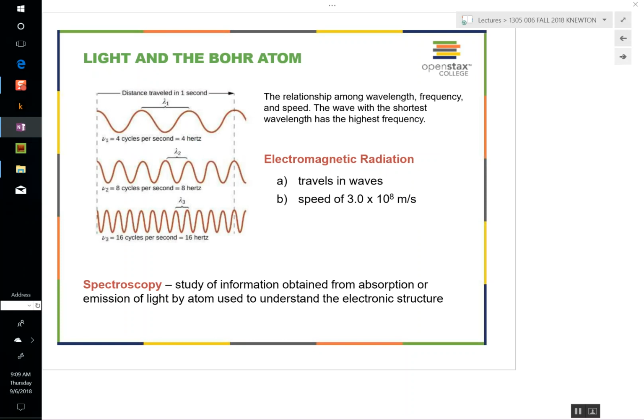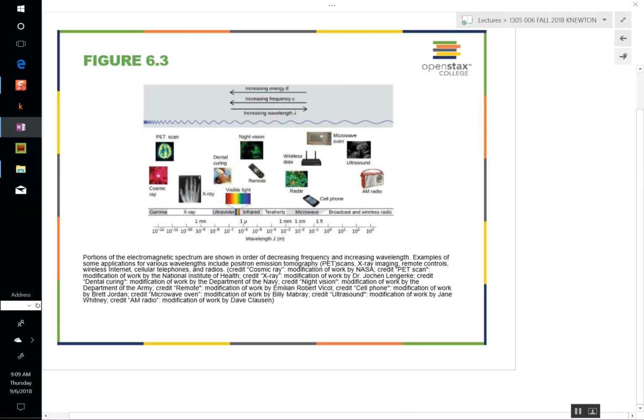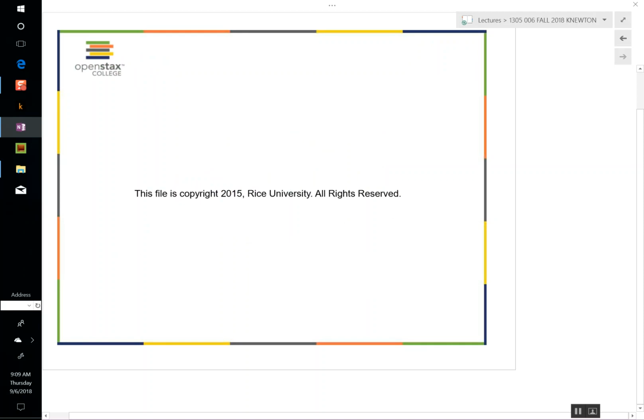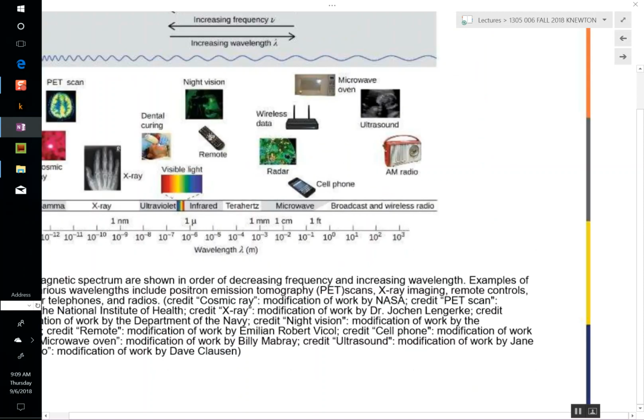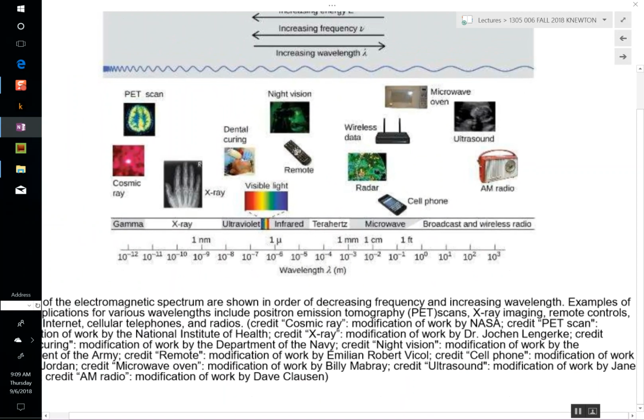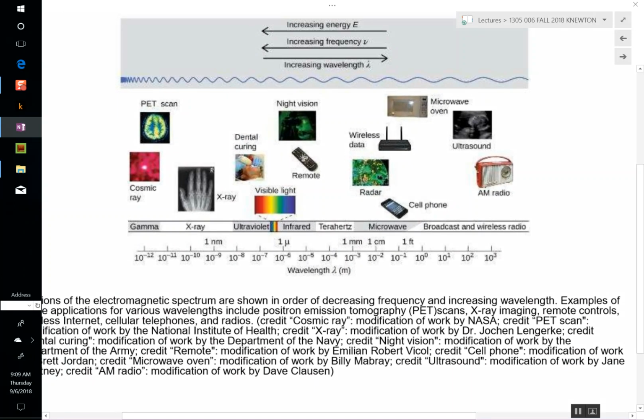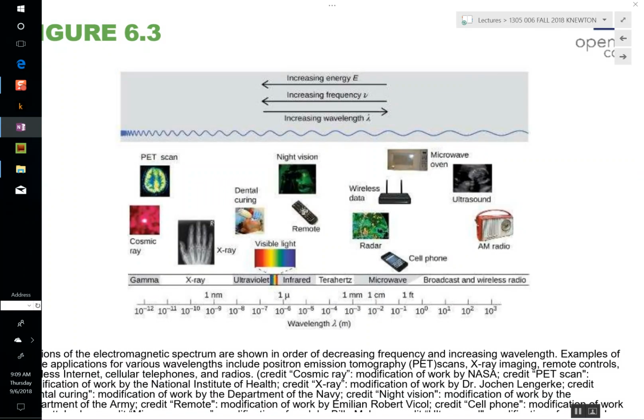We talked about the electromagnetic spectrum the other day, and that covers the chapter. These last two slides are just showing that wavelength and energy are related. The longer the wavelength, the lower the energy.